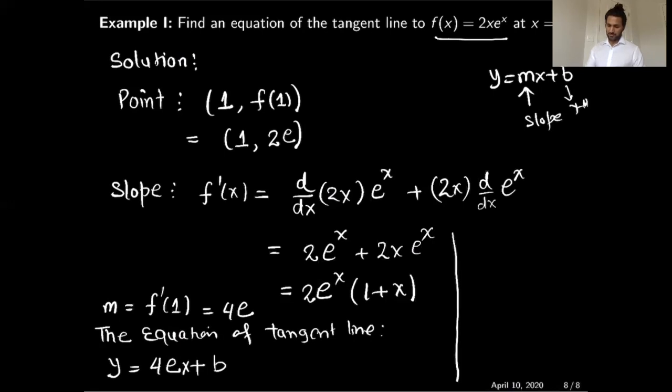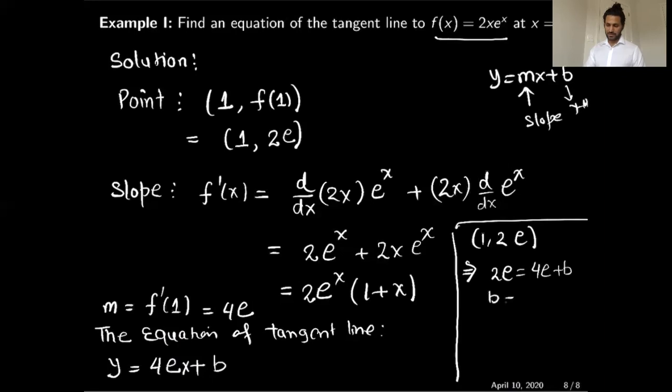Because of this point, I will do this calculation here. Since the point 1 comma 2e passes through the tangent line, it means this will satisfy the equation of the tangent line. So 2e is equal to 4e plus b.